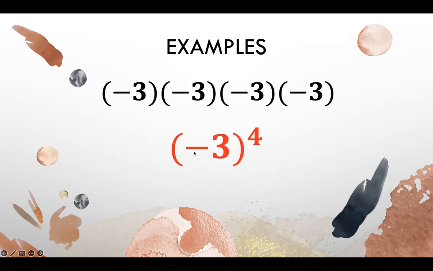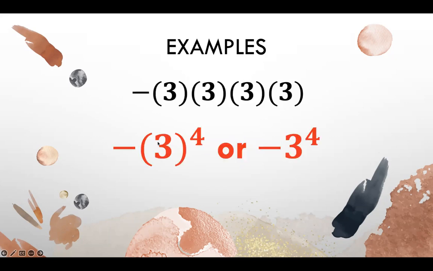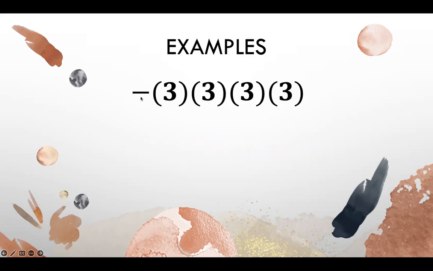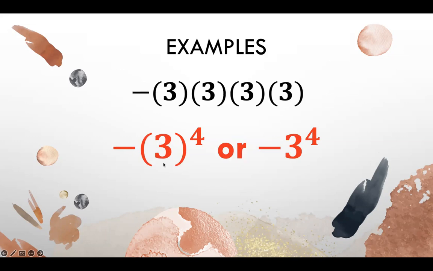The negative symbol is included in our parentheses because it is also being repeated. But in our second example, negative is not being repeated. That is why in our exponential form, it is not included in our parentheses, because only 3 should be our base.